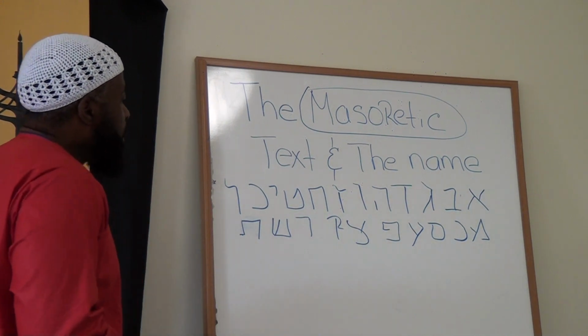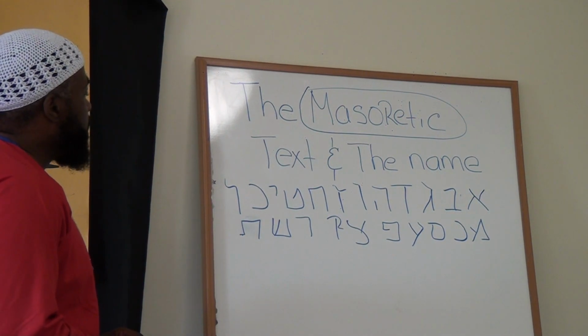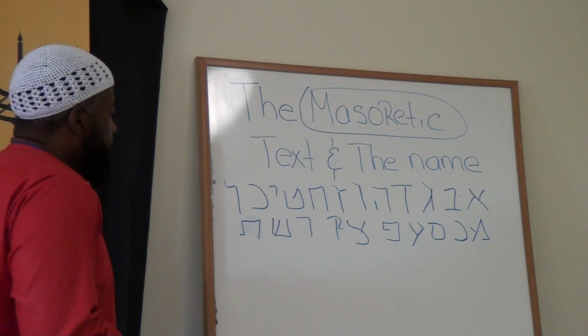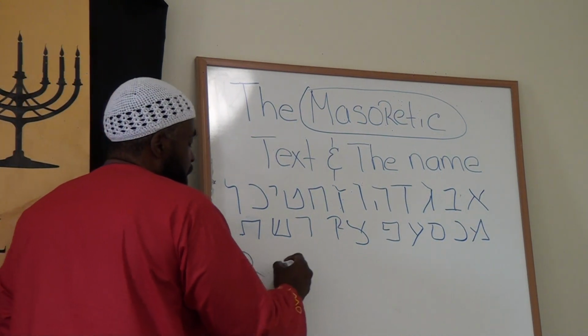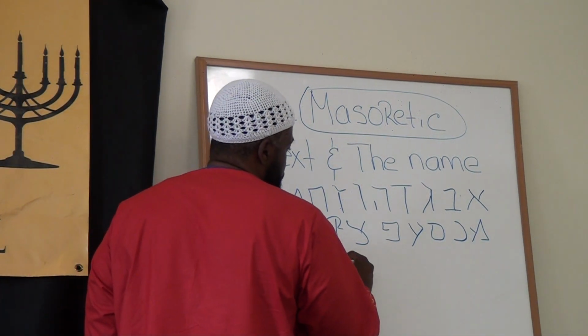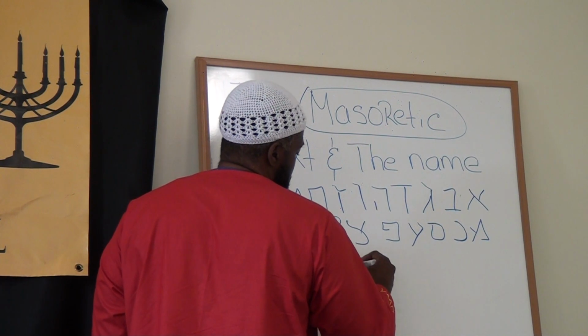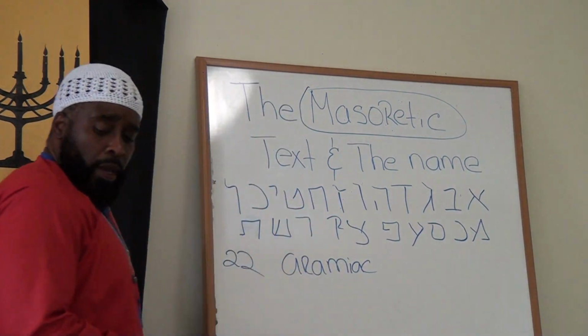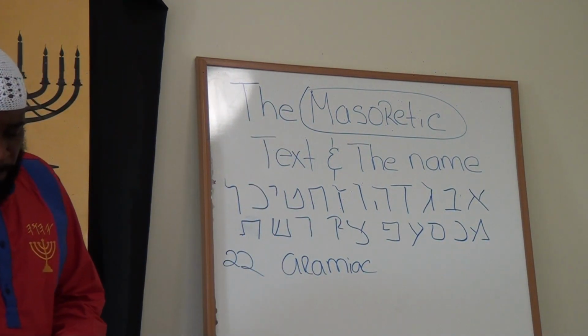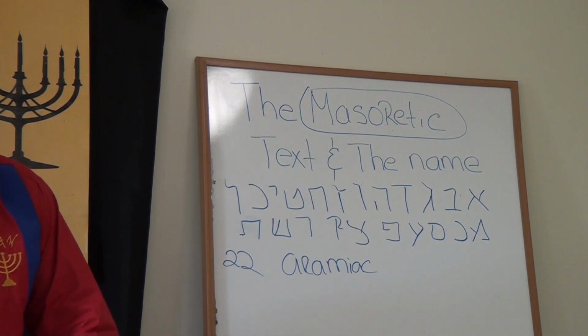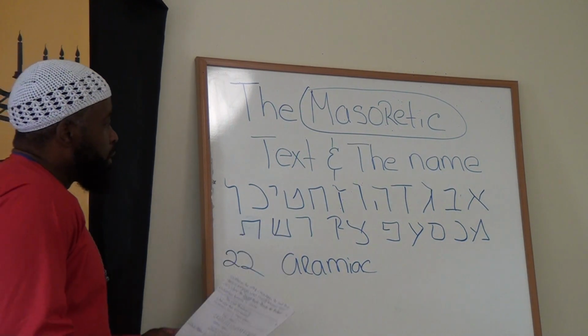And so again, everybody remembers how many letters are in the Hebrew alphabet, right? 22. So this right here now would be your Aramaic. And again, we already showed the difference between the two.